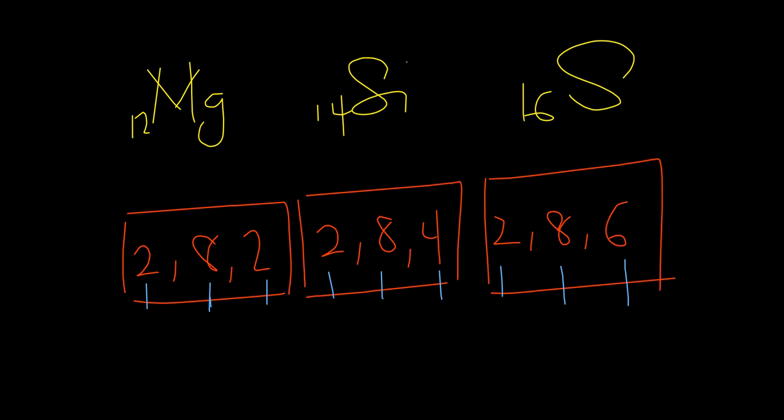So that's how this is done. Let me give you another example. Elements with, let's say, 5 shells would also be in period 5, because the number of shells determines the period number of the element. Please, I need you to remember this.